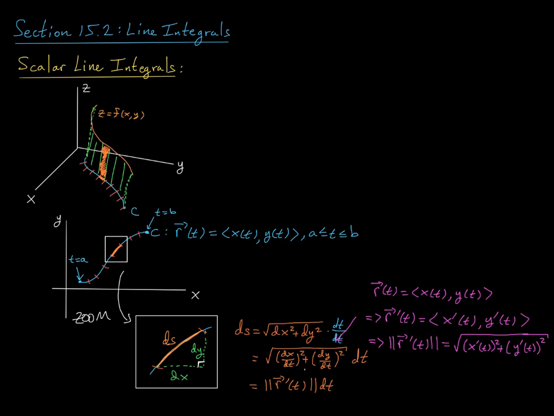And this square root is just the magnitude of the derivative of our vector function r of t that's being used to describe the curve C.